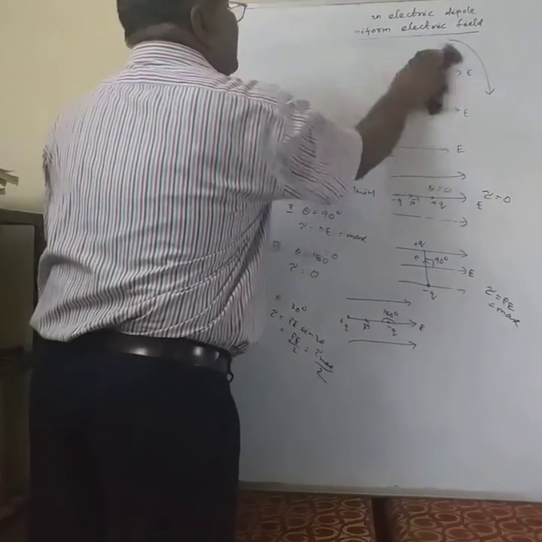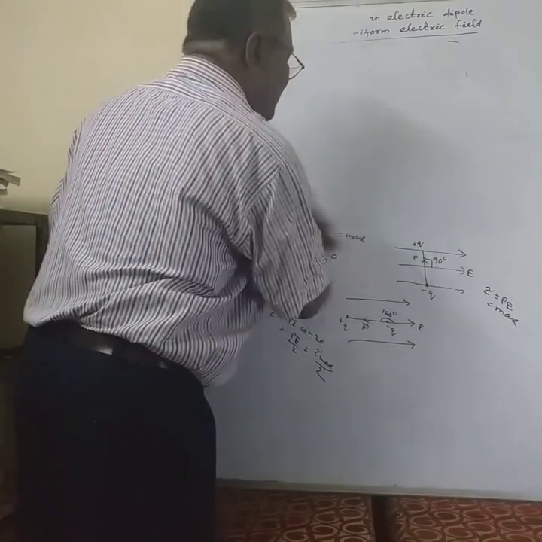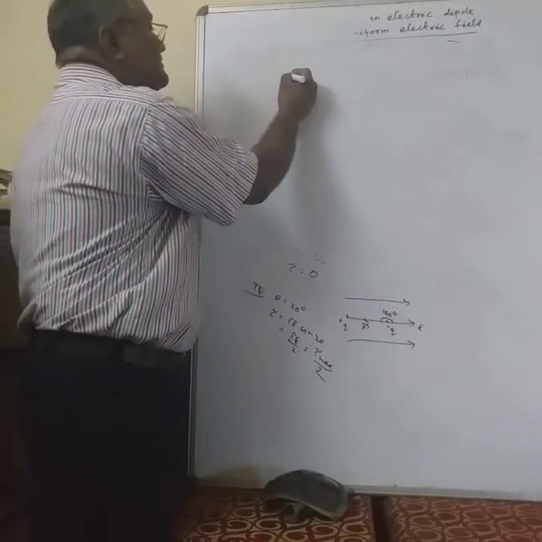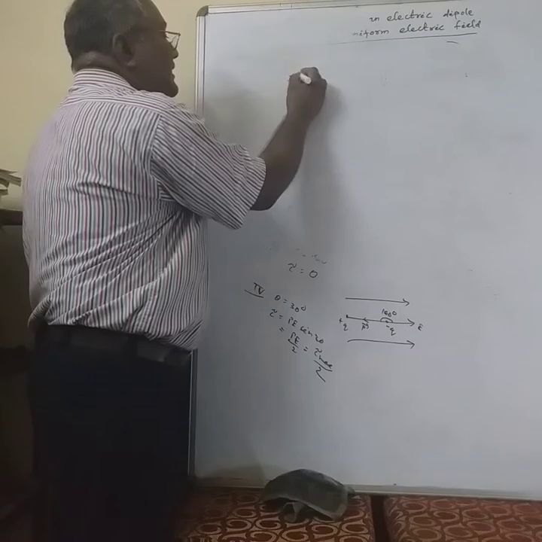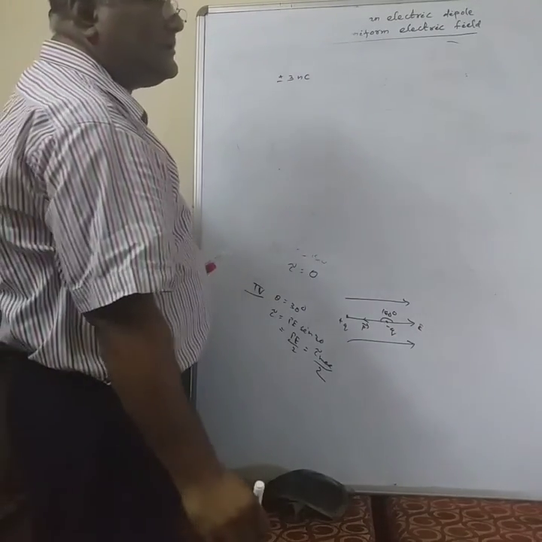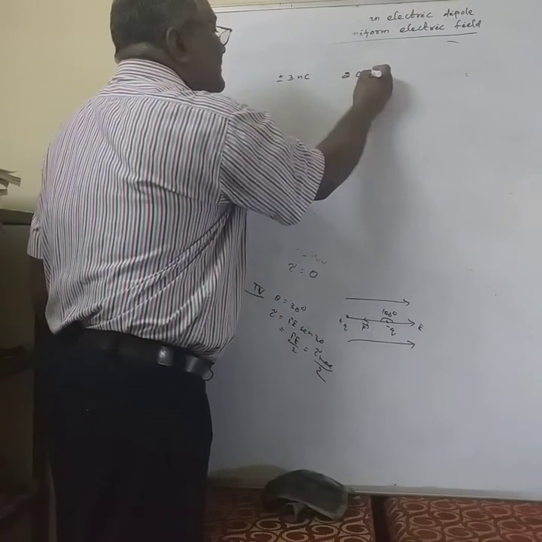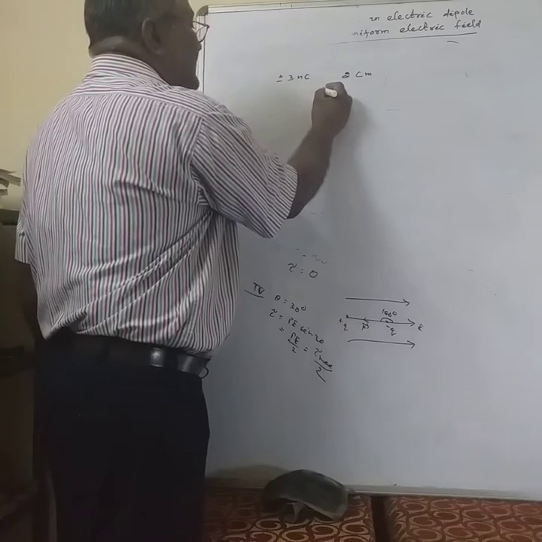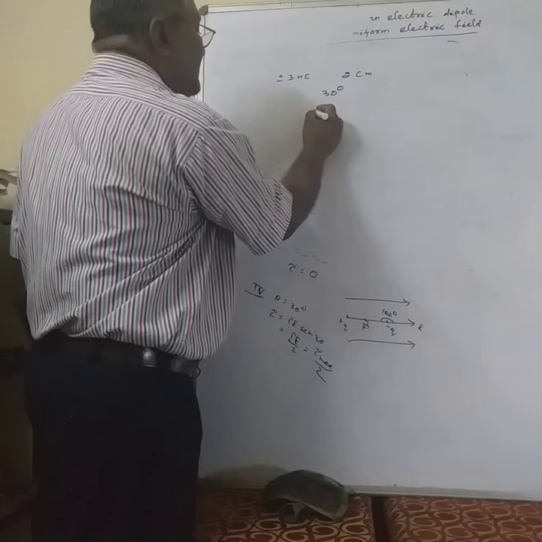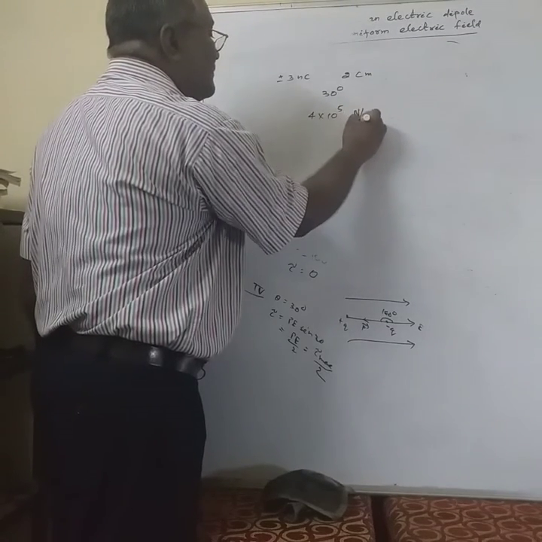Now, one numerical we can work out related to this, then we will conclude. Suppose a dipole of charge plus minus 3 nanocoulomb, of length 2 centimeter, is placed at an angle of 30 degrees with a uniform electric field of 4 into 10 to the power 5 Newton per coulomb.